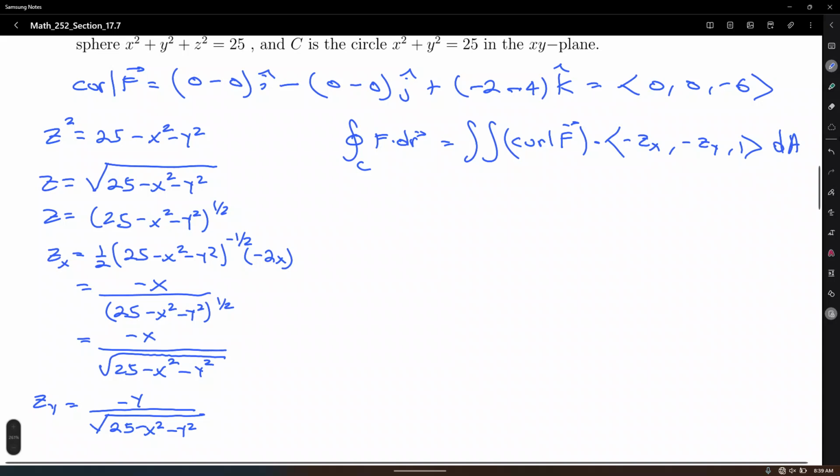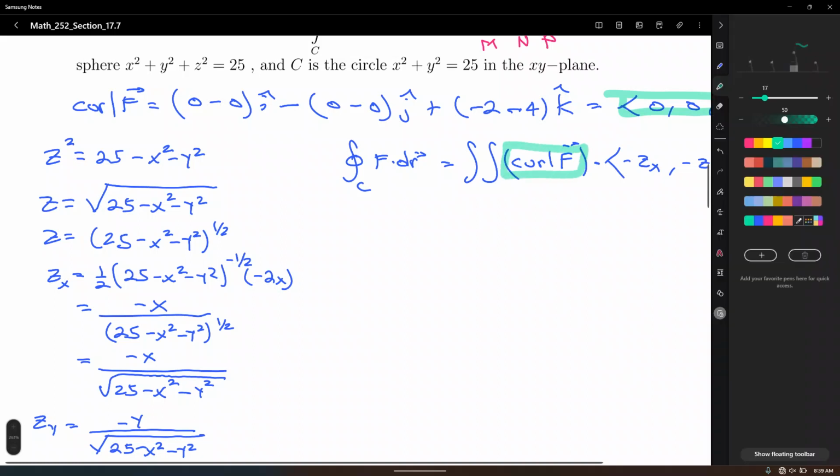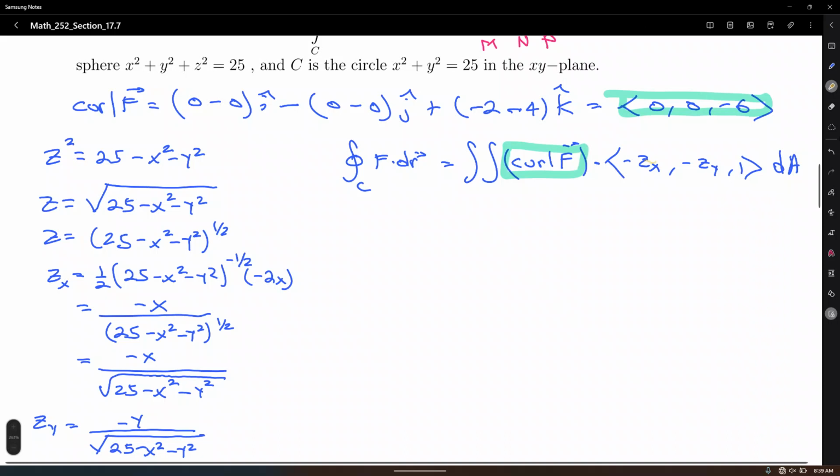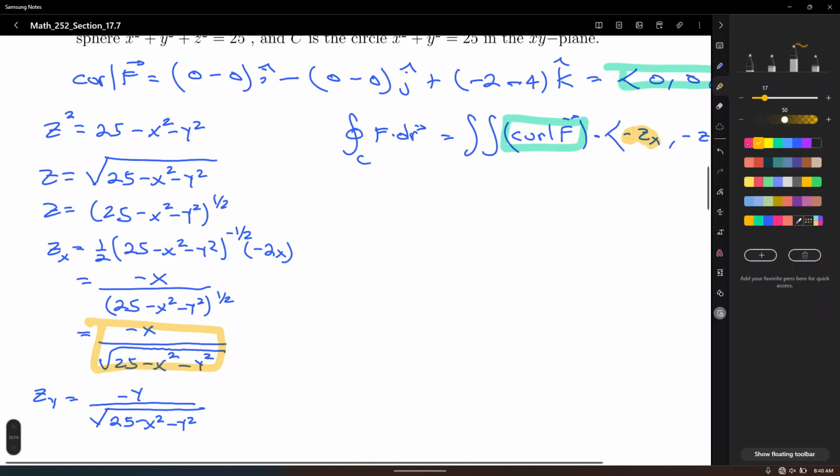What's the curl? The curl, which is this vector here, right? Let me highlight this. This is going to be our curl, and here we're going to have our partial derivatives with respect to x, and our partial with respect to y.